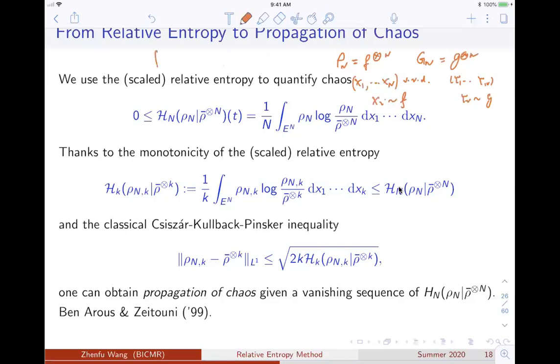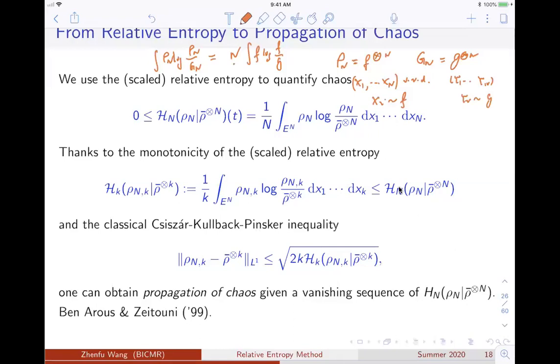If you compute the distance between rho n and Gn, taking the relative entropy of the tensor products, you find that a factor n comes out.